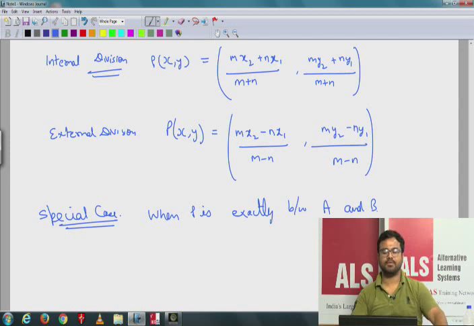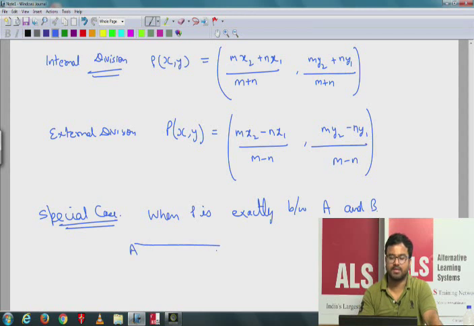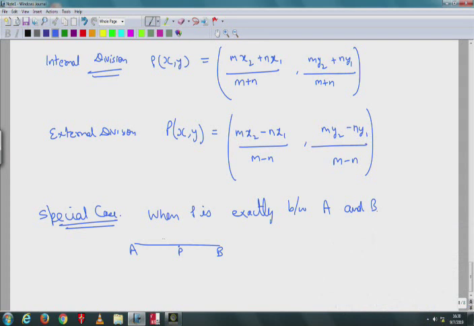If it is exactly between A and B, this is A, this is B, and this is P, then we say that it is dividing equally. So the ratio is 1:1.